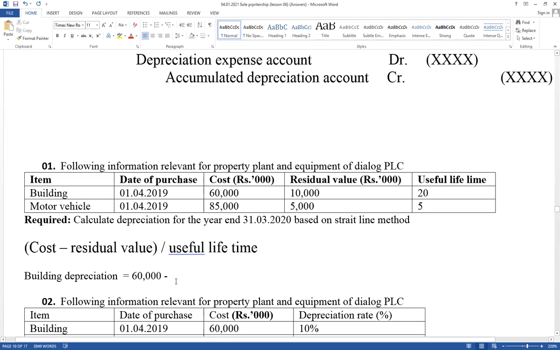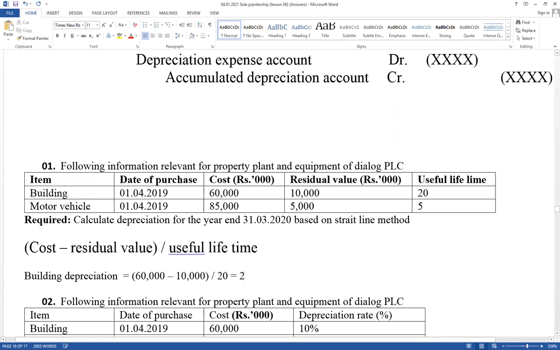Therefore, cost minus residual value, then divide by useful lifetime. Useful lifetime is given as 20 years. This is the way you have to calculate depreciation on straight line basis. Therefore, 60,000 minus 10,000 equals 50,000, divided by 20.